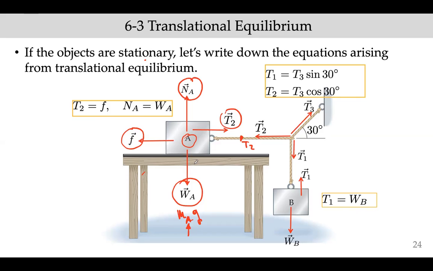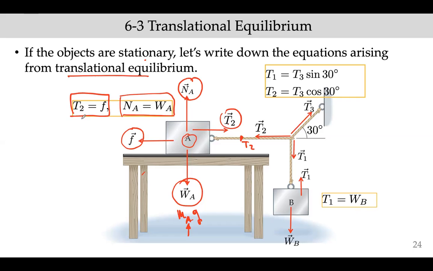So in translational equilibrium, the equations that I can write is T2 equals F. T2 is equal to the friction force. And N_A equals weight. So these are the equations that I can write. Now notice that I don't put vector signs on them, because if you put vector signs, you have to put a negative sign.